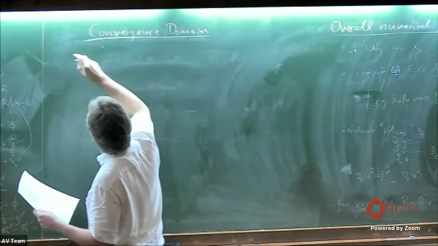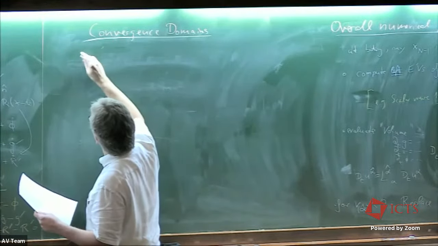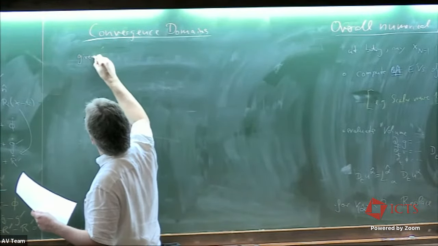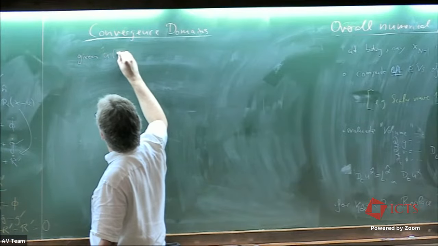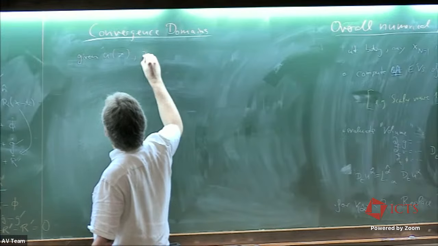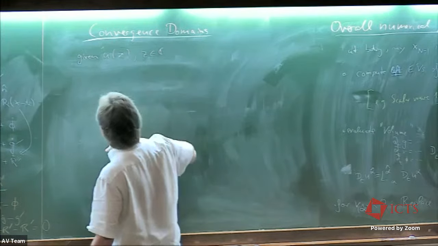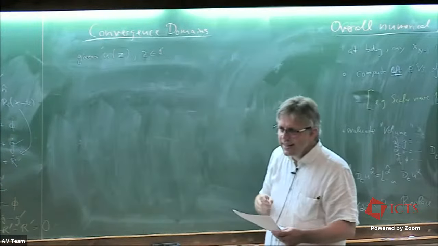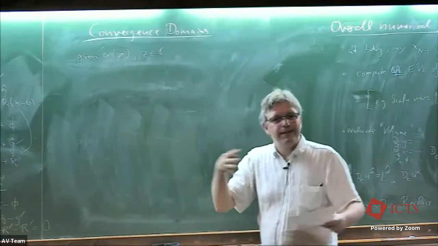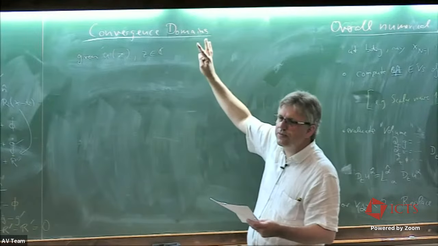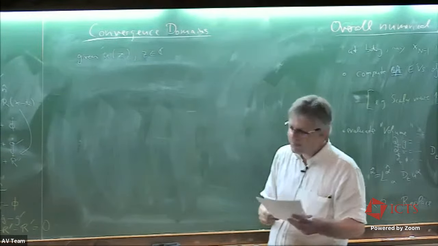So the question is, we have some function u of, actually it's now a u of z, and z is an element of the complex numbers. We've always looked at u of x so far in everything we've done, but for the convergence domains, you actually need the complex numbers.